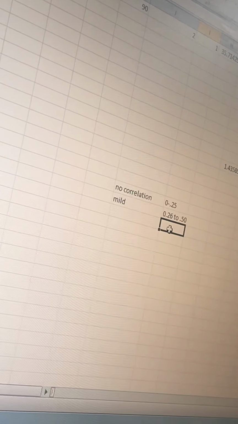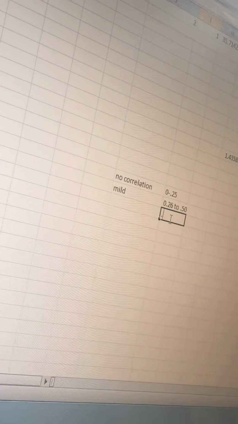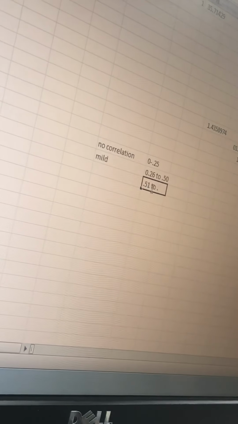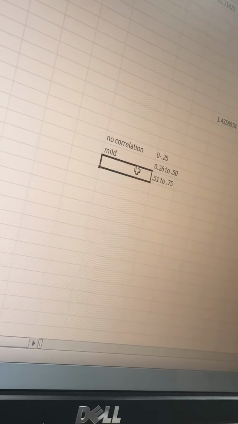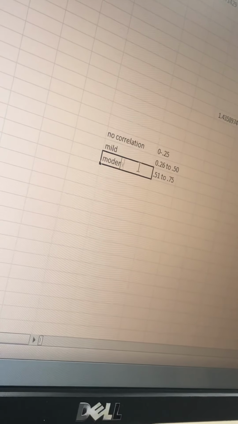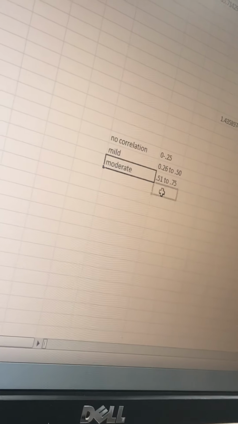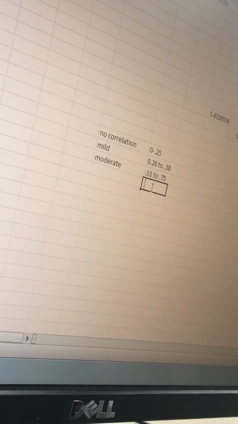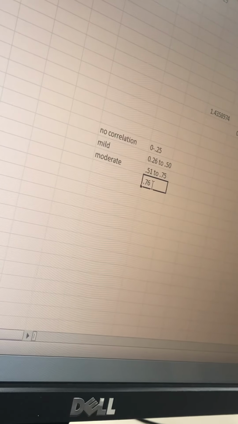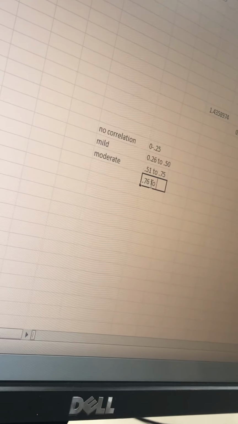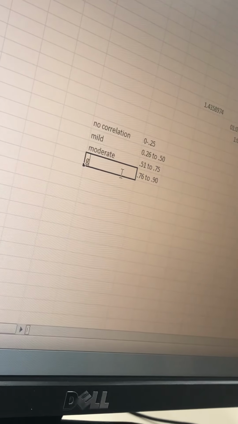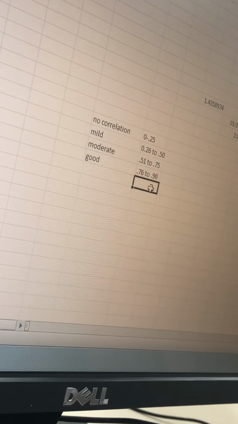If it is 0.51 to 0.75, it is moderate correlation. If it is 0.76 to 0.90, it is good correlation.